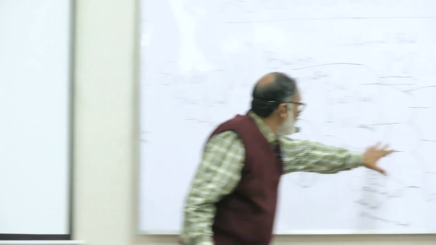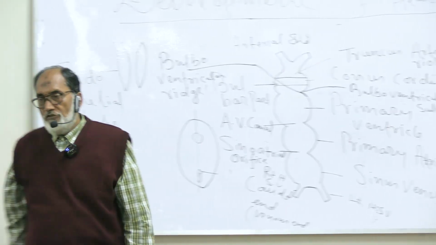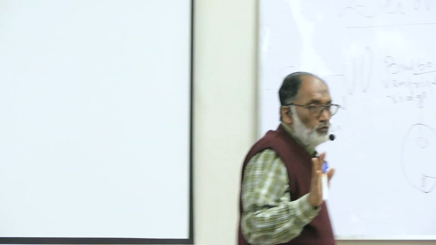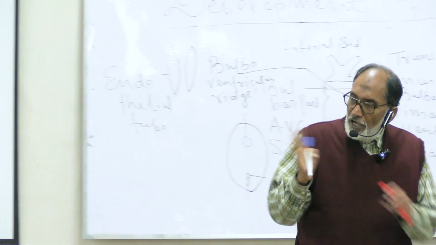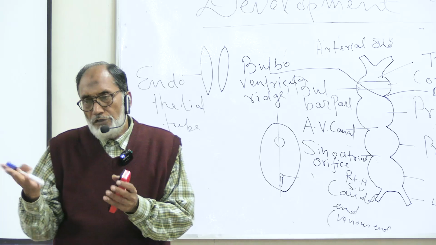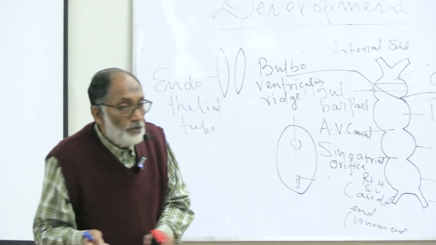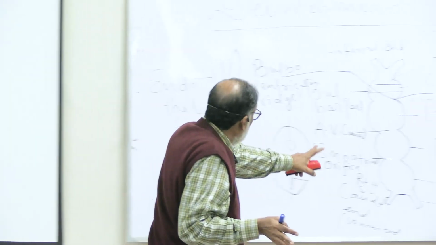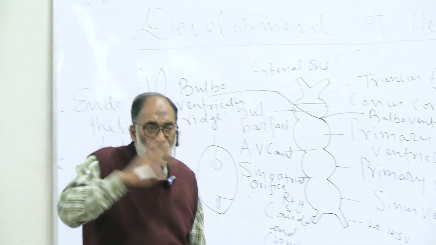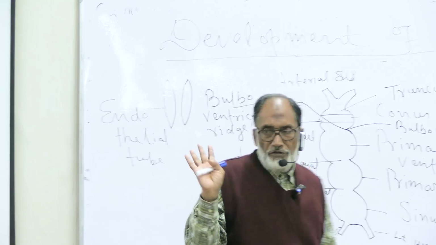Now come to the primary atrium. The atrium also has two parts, smooth part and rough part. The primary atrium will give rise to the rough part of both atria, right and left.